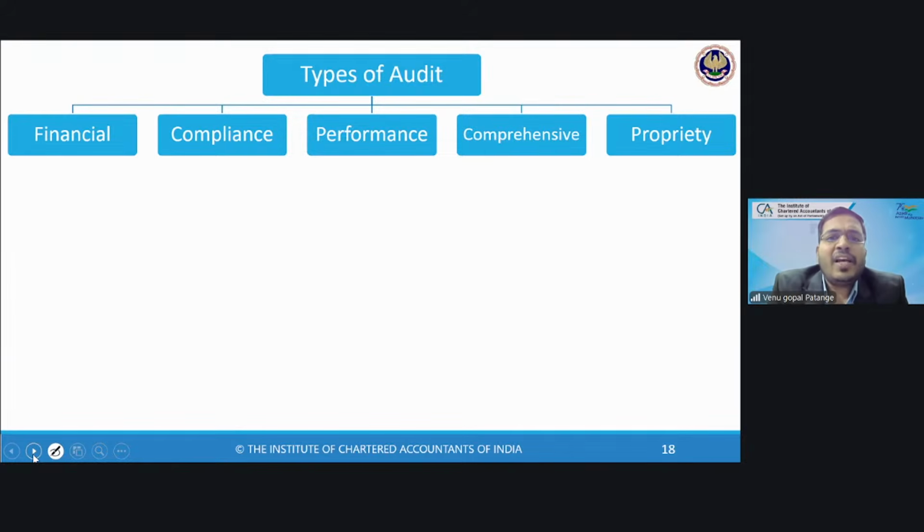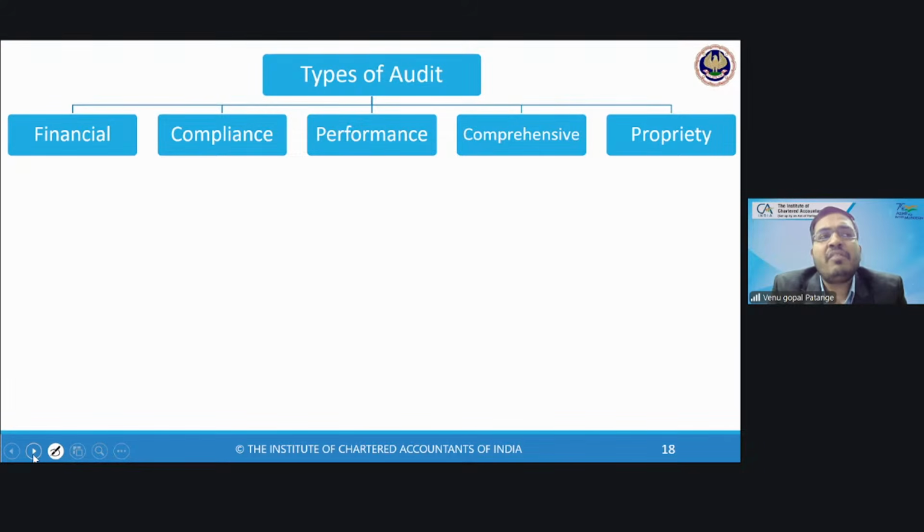Okay. So while discussing, keep at the back of your mind the elements which you have just discussed, so that you get more clarity between one type of audit and another type of audit. I am telling you, there are scenario-based questions, wherein we will be solving one of them.